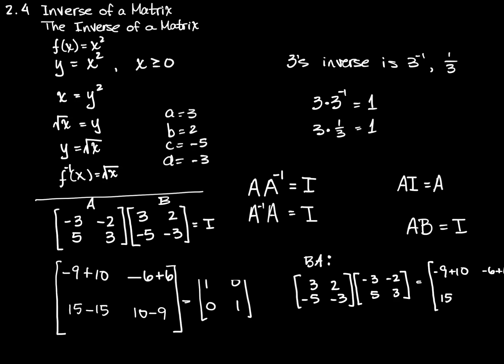That's +15, that's -15. And lastly, -5 times -2 is 10. -3 times 3 is -9. And 10 minus 9. And that is also 1, 0, 0, 1, which is the identity matrix. So I can say that AB, I'll write it down here, AB is equal to BA, and they're both equal to I. And that means that B is the inverse of A.